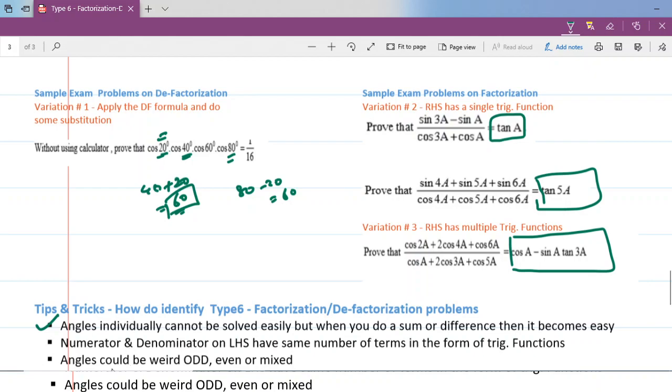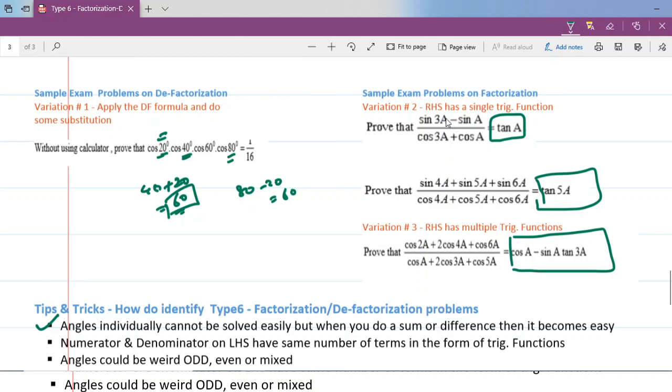The second one is that the numerator and denominator on the left side will have the same number of terms in the form of trig functions. So if you see here, the numerator has sine 3a minus sine a, so 2 terms which have trigonometric functions. At the bottom also you have cos and cos, they are 2.